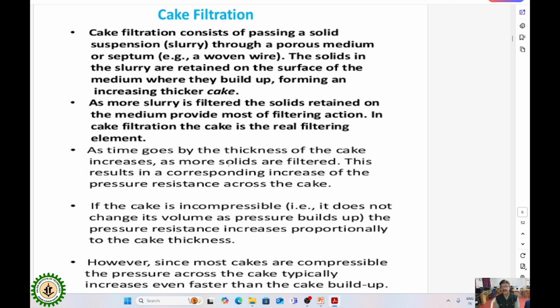Actually, incompressible cake means it is independent of delta P. So the pressure resistance increases proportionately to the cake thickness. However, since most cakes are compressible by nature, the pressure across the cake typically increases even faster than the cake buildup, as I mentioned.